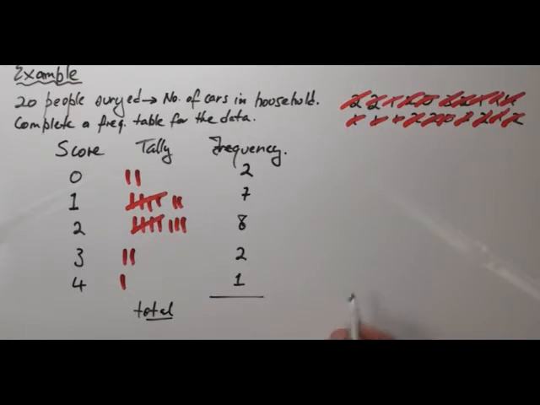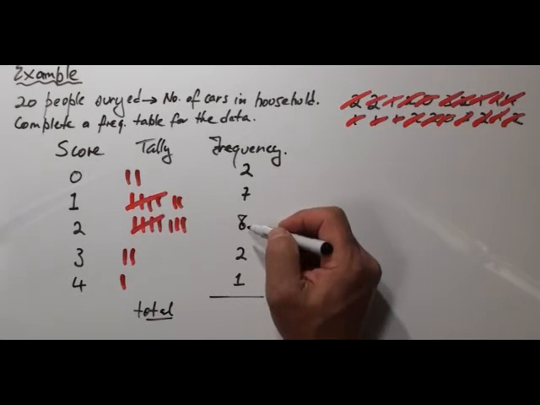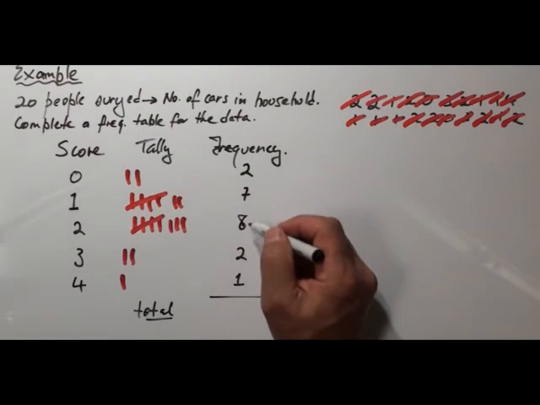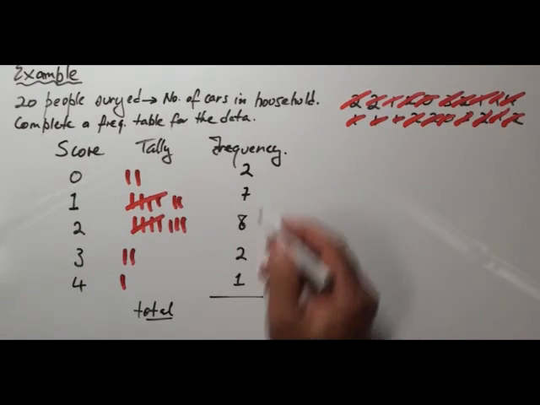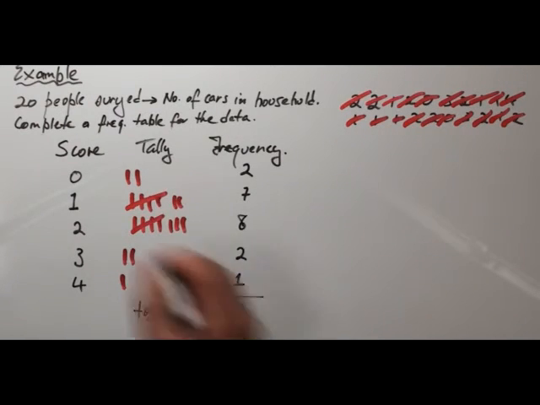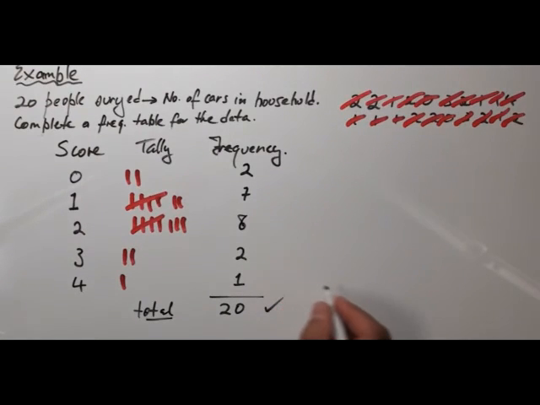So in this case we have 1 and 2 is 3, 3 plus 8 is 11, and 7 is 18, and 2 is 20, and that is in fact the same as the number of people that we're told were surveyed in the question. And so here we have a frequency table completed for the data that was given to us.